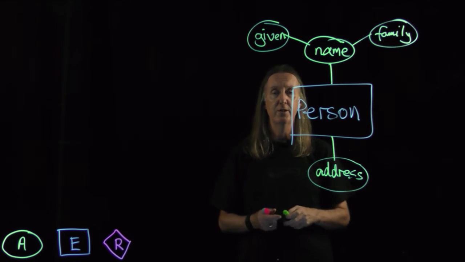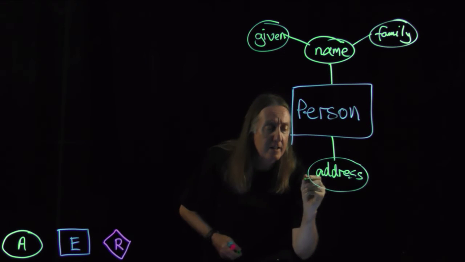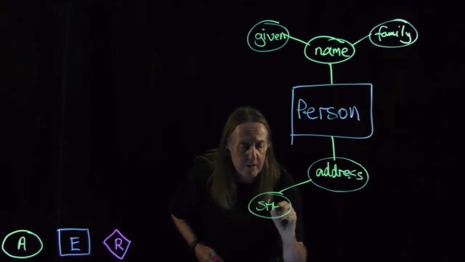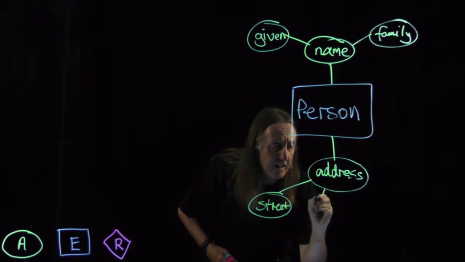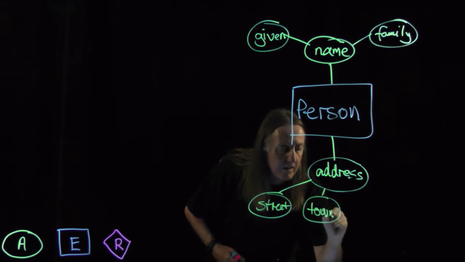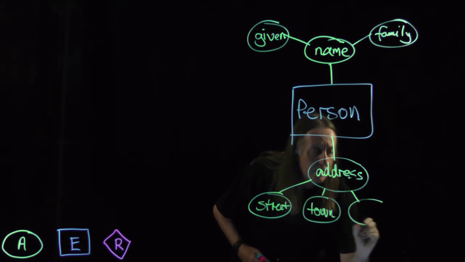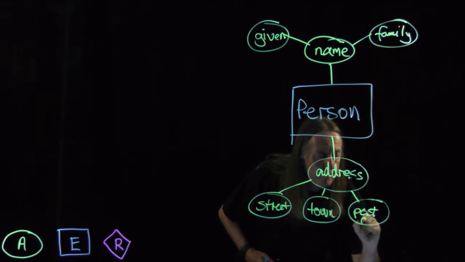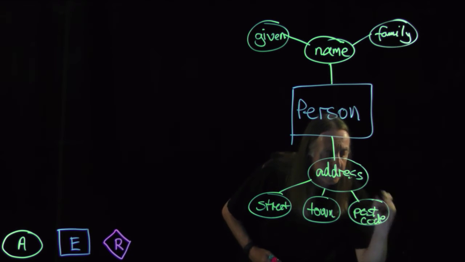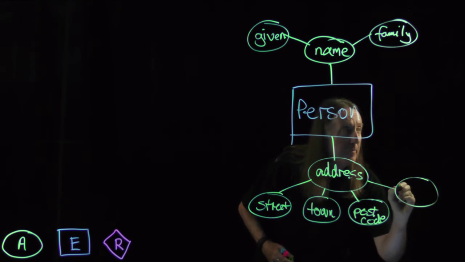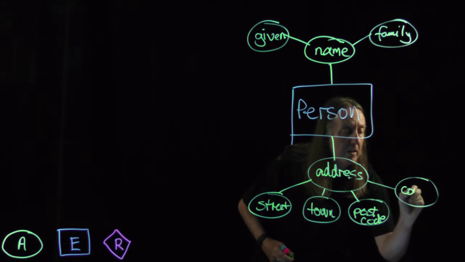All right, for address we had the street that they live on, and we had the town that they live in, and some kind of postal code, and the country, assuming that we're dealing with people from many parts of the world.